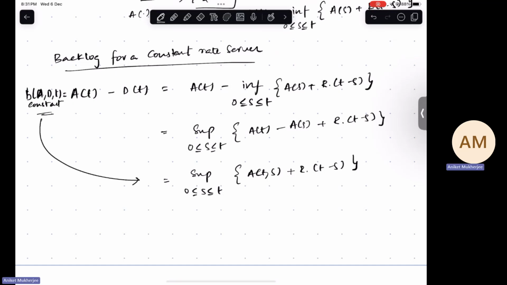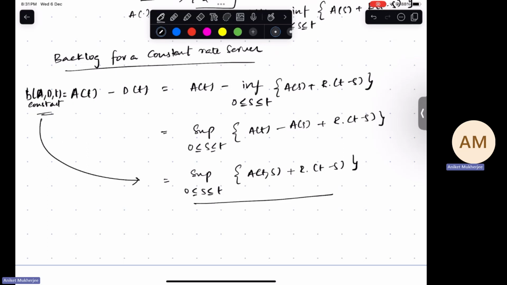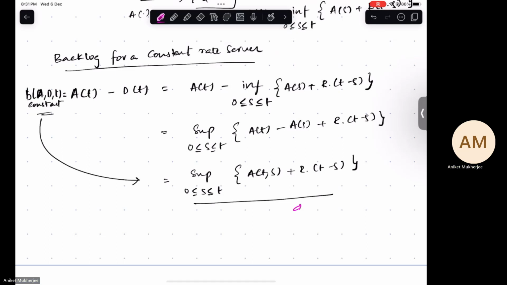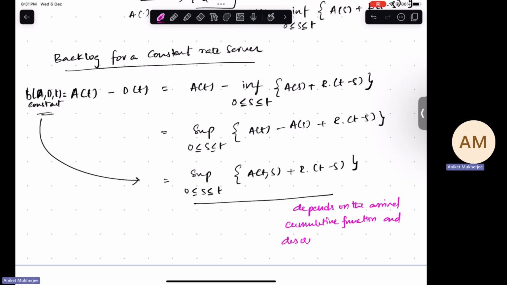So what do we see? The backlog for the constant rate server depends on the arrival cumulative function and the description of the server. Here, when I say description of the server, I mean it is the constant rate server. Could we generalize it more?